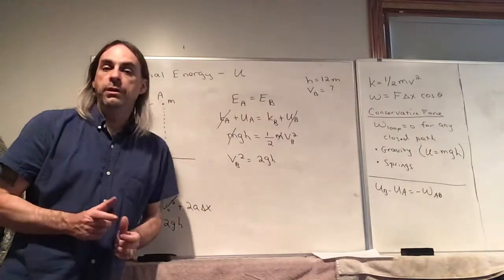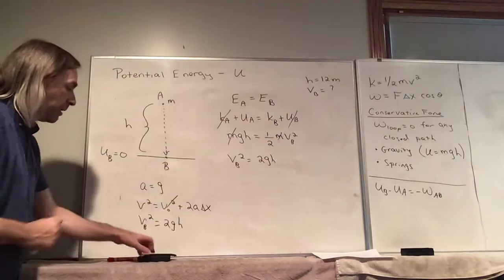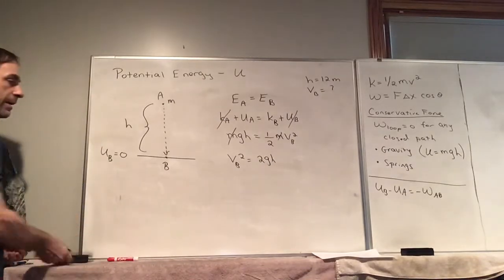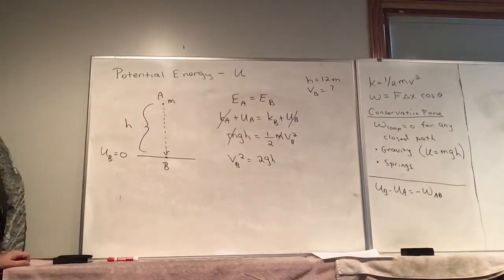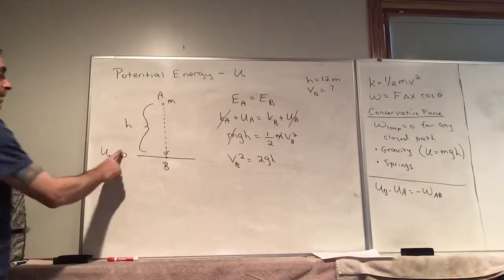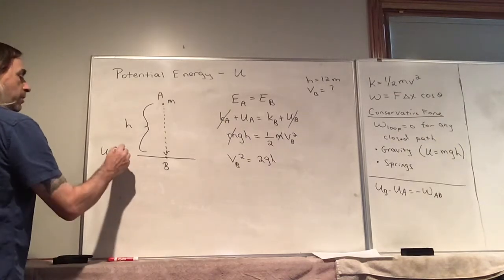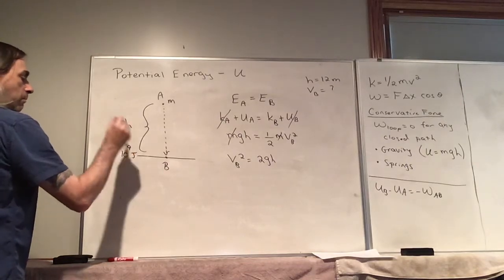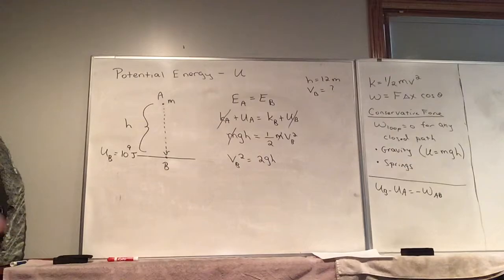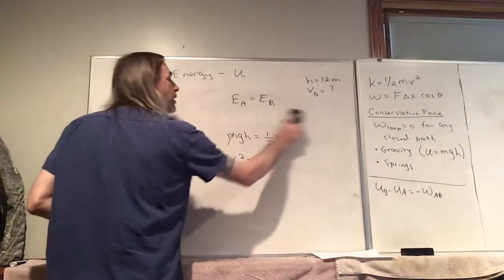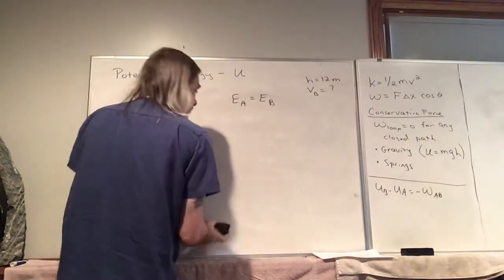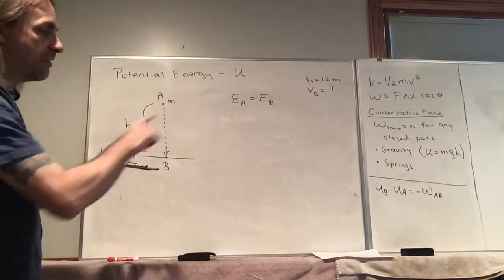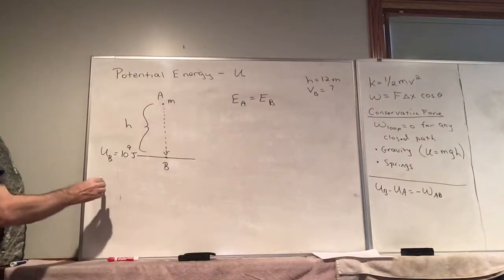But now, just in case you're not convinced that we're justified in saying that UB equals 0, fine. Let's say the potential energy at the ground is 1 billion joules. And let's apply conservation of energy in this case. Now remember previously, let's do this part first, see if I can fit it here.